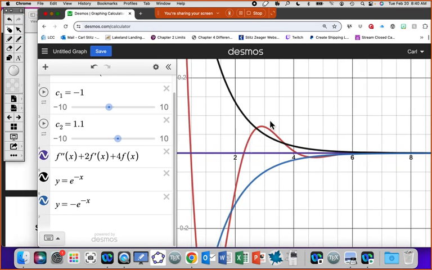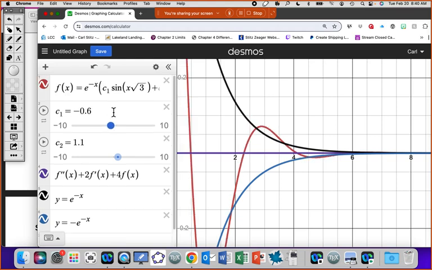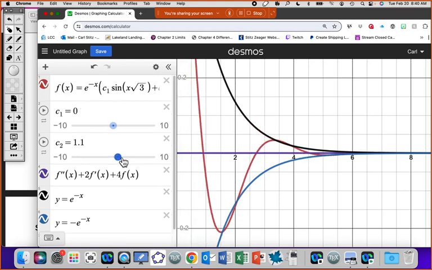Right? Now we'll talk about how we can figure out exactly what that number is in a minute. But let's just zero out C1, and then we'll put that as C2. But you can see then that the oscillation is damped by these exponentials, and so it attenuates on down.